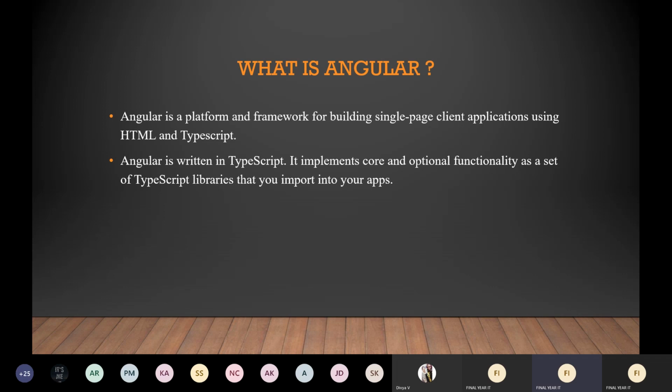So basically, why Angular? What is Angular? Angular is for single page applications. It means that when you are opening an application, you have a home button, an about button. For example, take Amazon, opened as a web application.